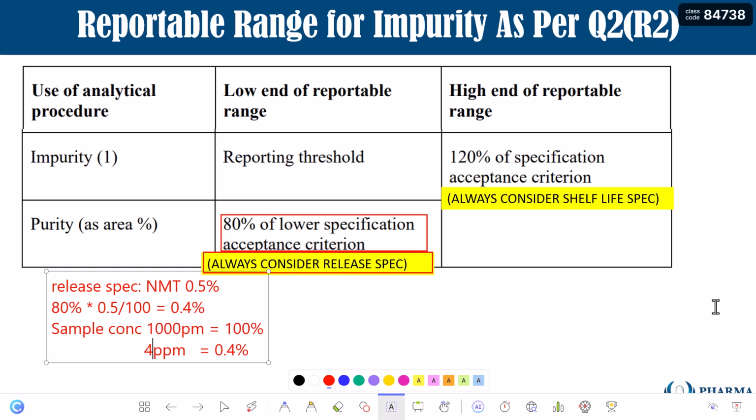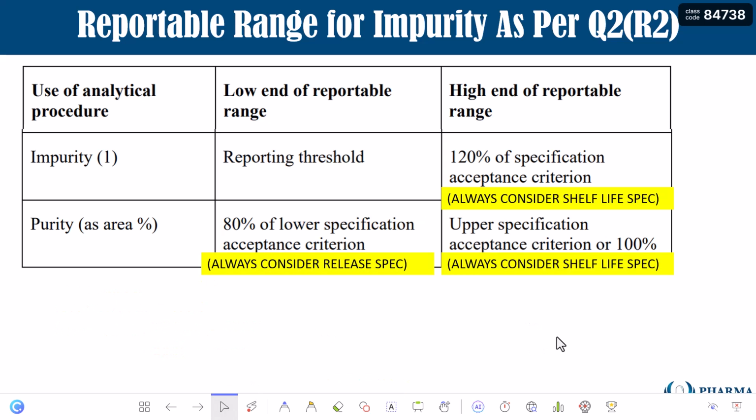Clear? Let us now understand the high end concentration in case of the area percent method, and upper specification acceptance criteria or 100%. So what is your upper acceptance criteria or 100%? That itself is going to suffice the requirement if the impurities are calculated on an as is basis or on the percent area basis.